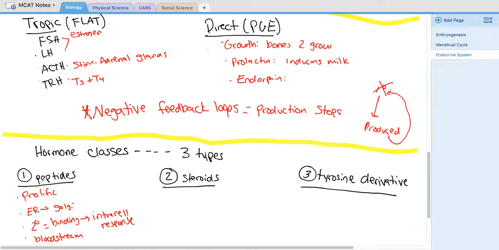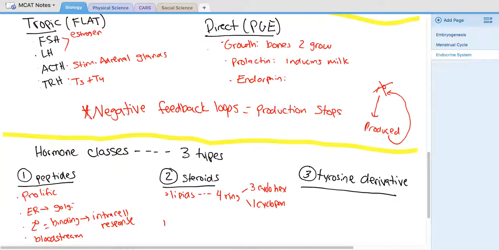So you've got steroids now. Steroids are usually lipids. And usually they're going to have a four-ring structure, three being cyclohexane and one being cyclopentane. What else?